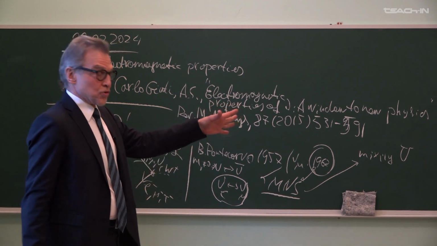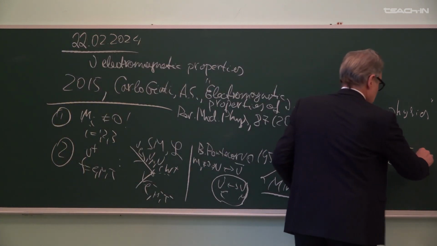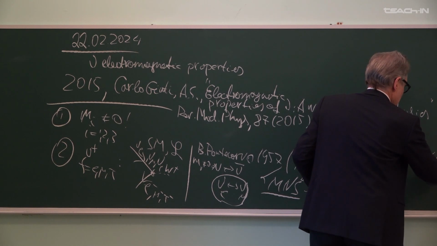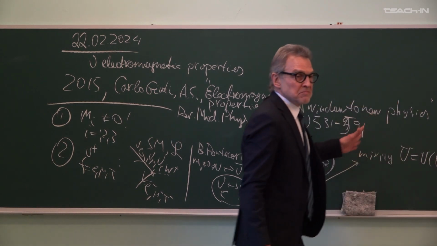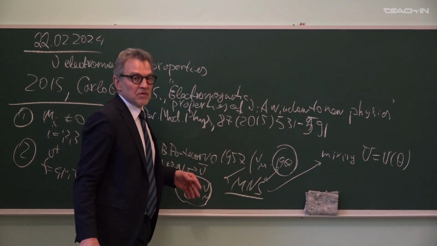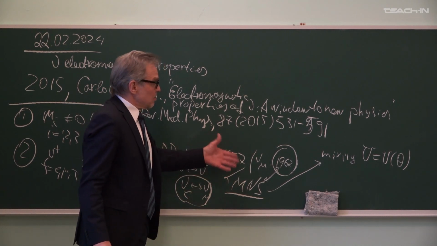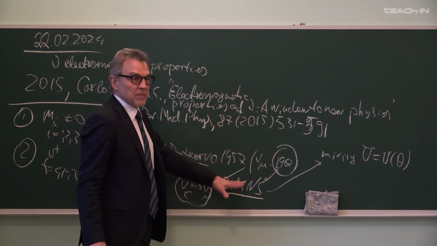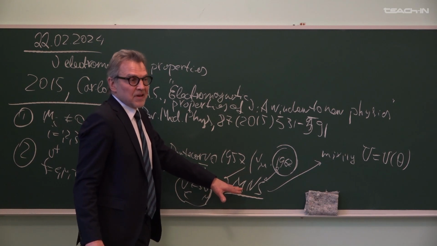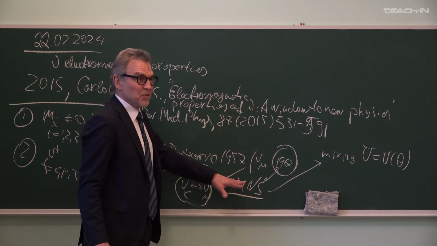That was their notion, and they said that it can be parameterized by the mixing angle. So this is quite an important opening or idea of these people. But they failed to go further.